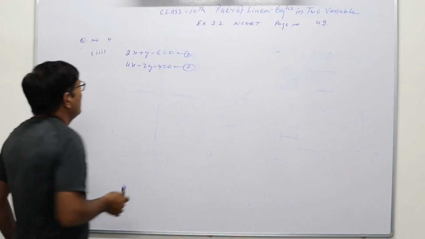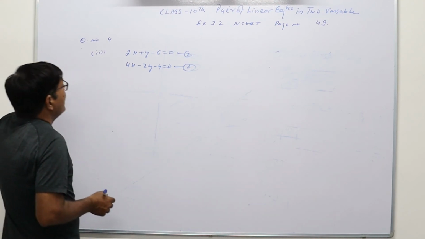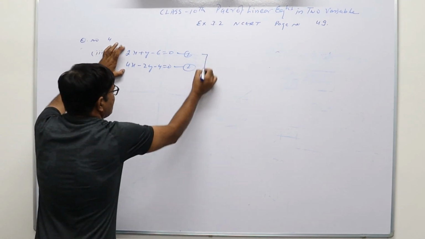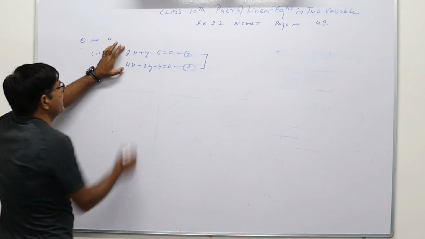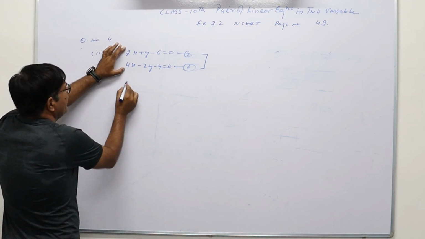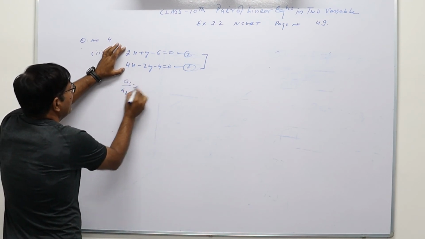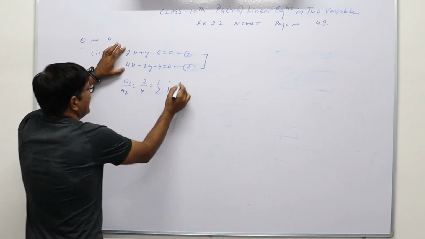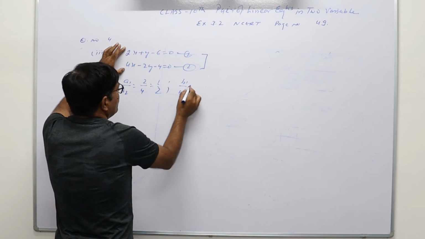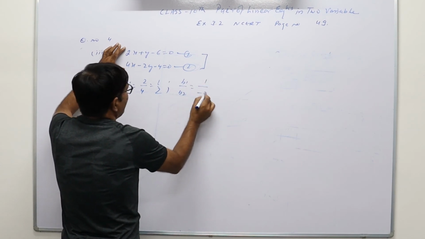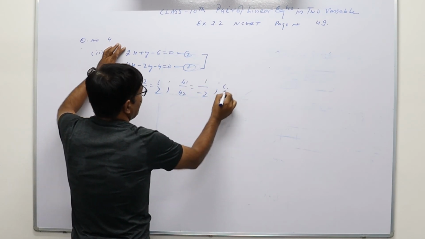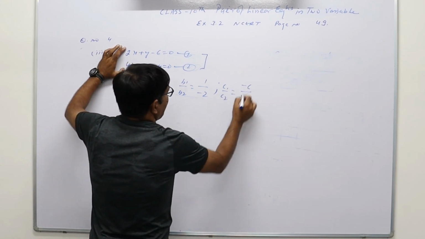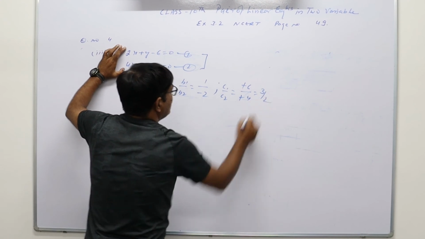Again, first we have to check whether the pair of linear equations is consistent or inconsistent. To check it, first find a1 upon a2, that is 2 upon 4, 1 upon 2. Then b1 upon b2 is equal to 1 upon minus 2, and c1 upon c2 is equal to minus 6 upon minus 4, that is 3 upon 2.